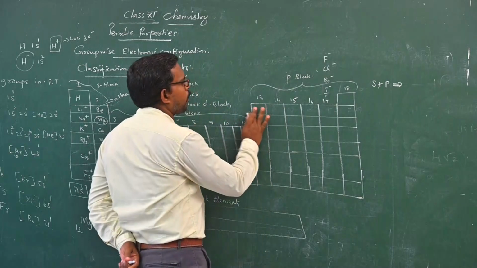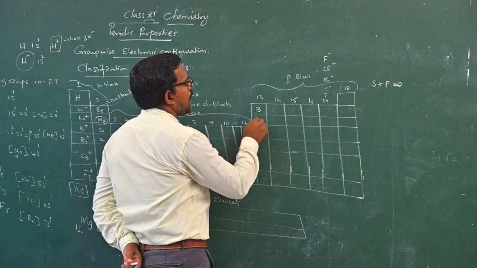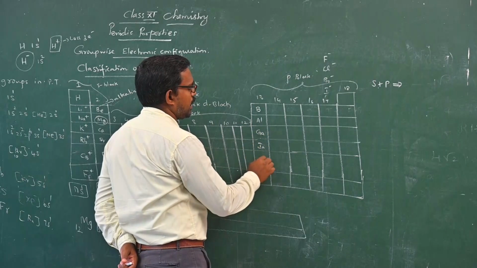Group number 13, boron family: boron, aluminium, gallium, indium and thallium.